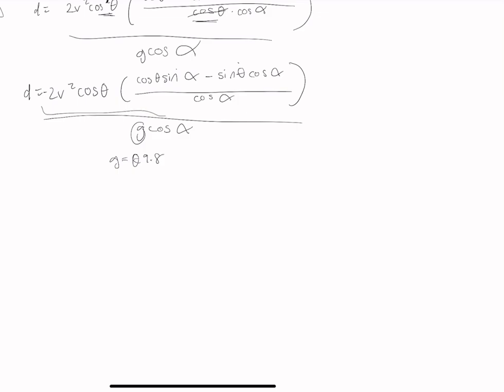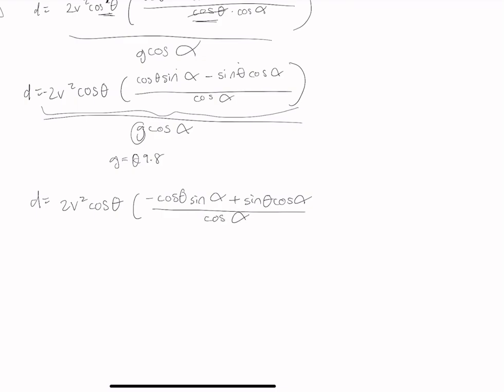Because these are all multiplying with each other, we can just attach it to this term. So let's rewrite it. Instead of writing the negative out in the front, we're going to do it inside the parentheses: negative cosine theta sine alpha plus sine of theta cosine alpha, over cosine alpha. Instead of negative 9.8, it will just be 9.8.